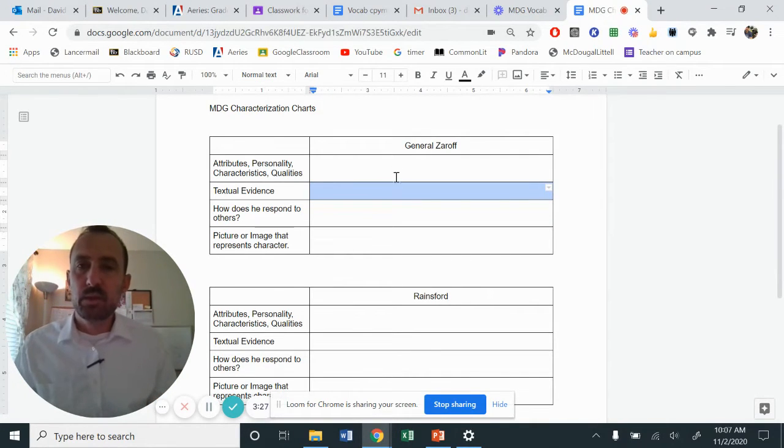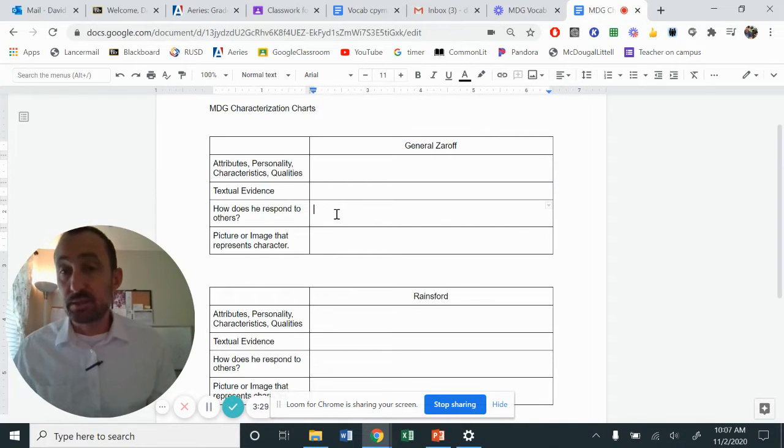Now, the other component is how does that character respond to others? So you've identified who he is as a person, but now how does he respond to others? You may need to pause and go back and search through the story. How does he respond to Ransford initially?